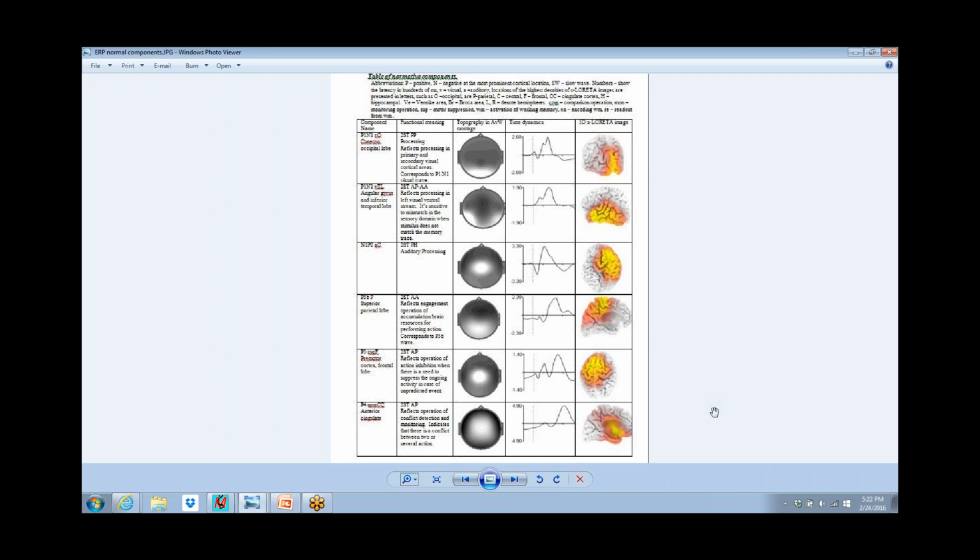So we can develop our protocol and track our changes and everything with the QEEG, but we have to have the ERP for diagnosis. And if you collect them both, the ERP is essentially just an extended period of the EEG being recorded during the continuous performance task. So you get the behavioral performance, how many omissions, how many commissions, what kind of error was there, what was the reaction time, and what's the variability in the reaction time.